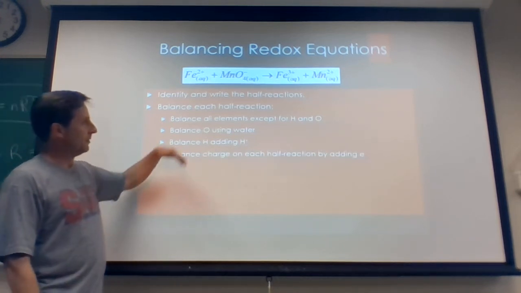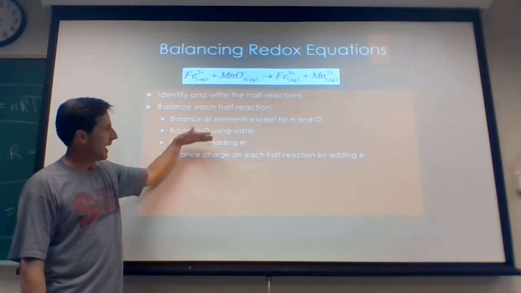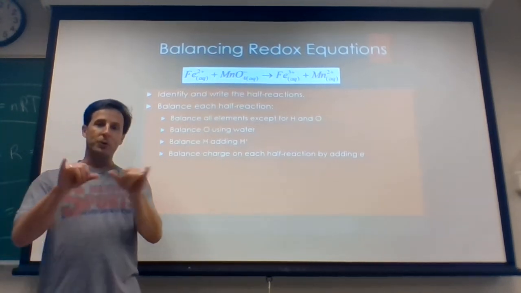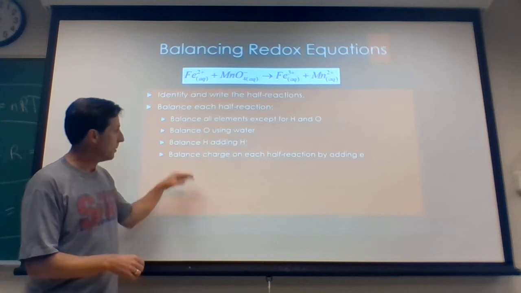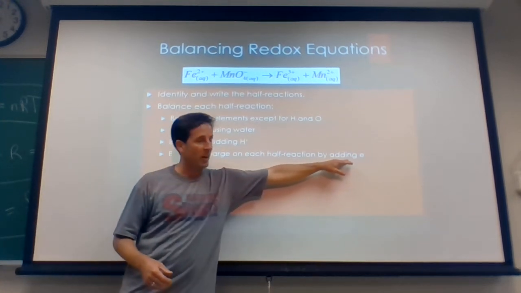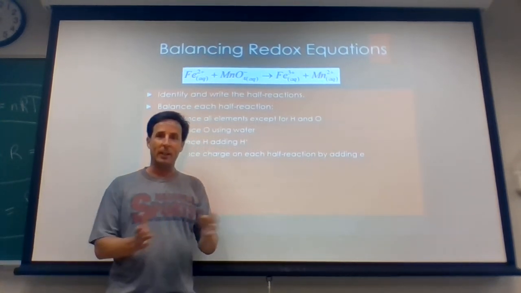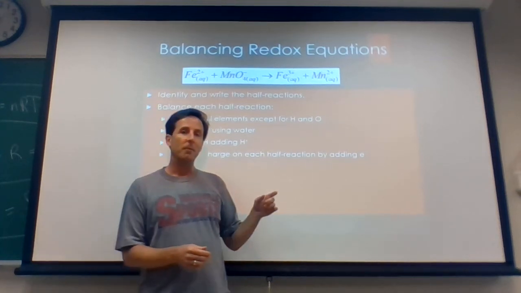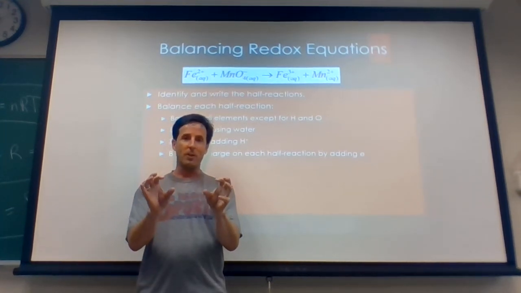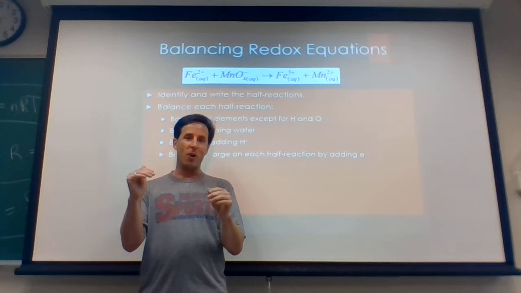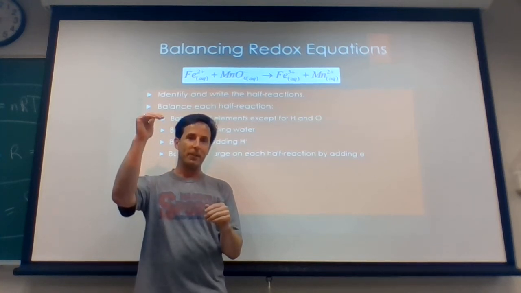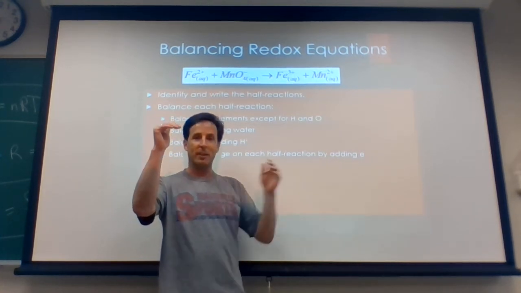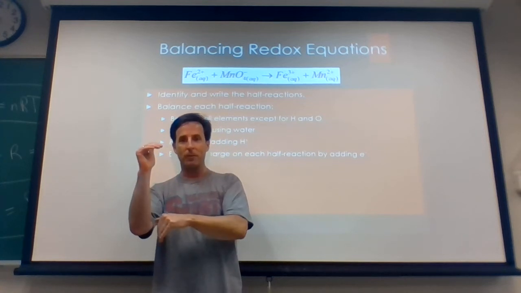After I have the other elements balanced, then oxygen, then hydrogen, I'm going to look at the total charge on each side of the equation. I'm going to balance the charge by adding electrons on whichever side I need the electrons. Specifically, whichever side the charge is higher or more positive, that's where I'm going to add the electrons, because the electrons are always going to bring the charge down.